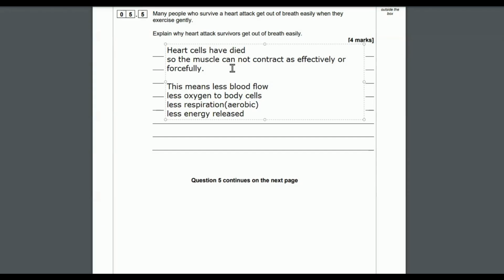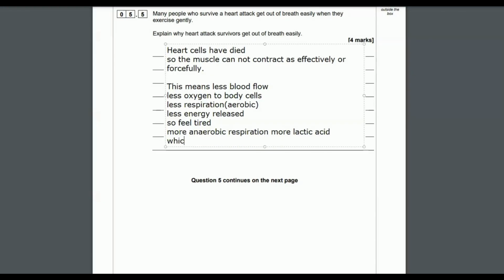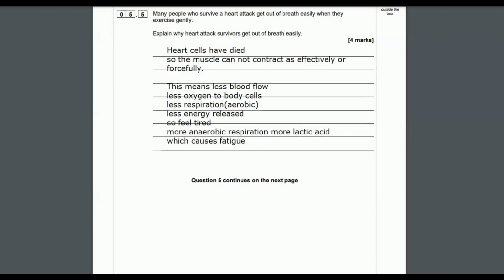So you feel tired. We could also say more anaerobic respiration, because if you don't have oxygen, you're going to do more anaerobic respiration, more lactic acid, which causes fatigue. Lactic acid itself is a toxin and it causes muscle soreness and fatigue.